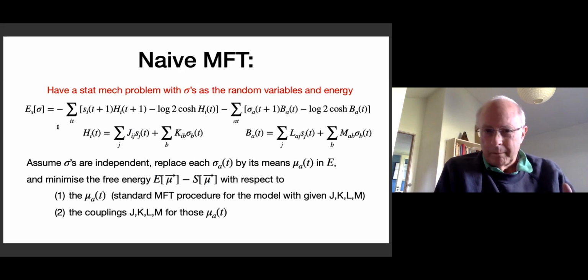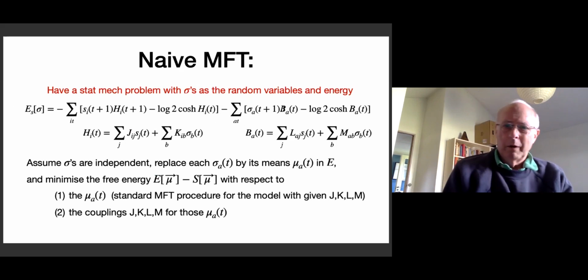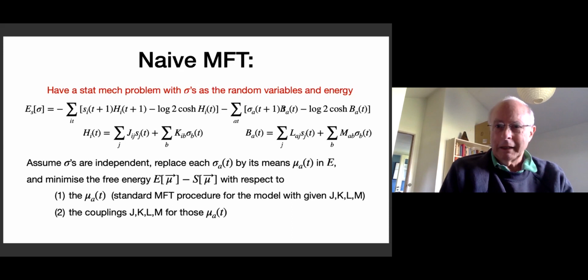So part of it is differentiating the energy. So where does mu occur in the energy? Well, one place it occurs is in the B here, right? Because the B includes the sigma, but we're replacing the sigmas by mu's. So we're going to get a term from differentiating this.